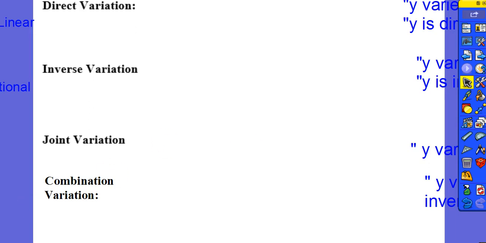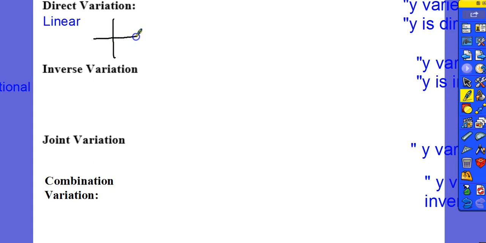So, we're going to start with the direct variation. This variation is linear, meaning it'll graph a line. Y equals mx plus b. It'll be helpful when you're doing your assignment on Monday to know this information.